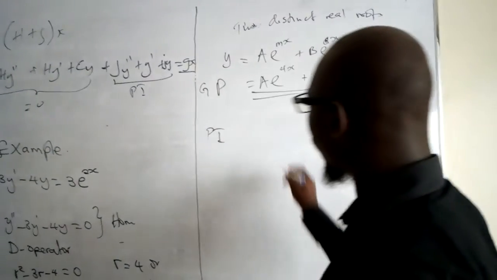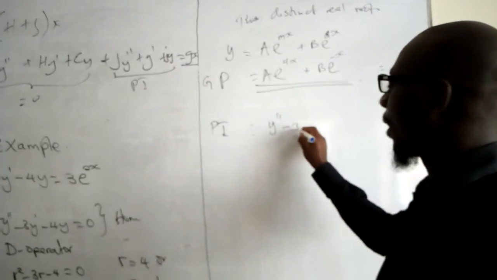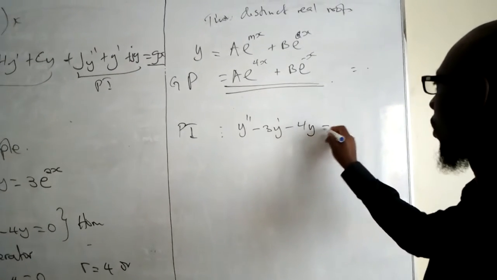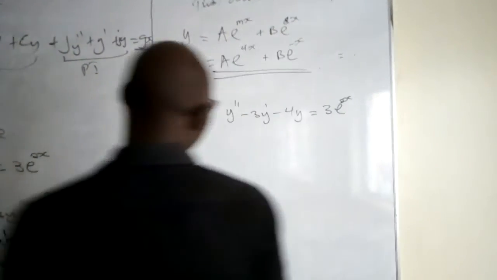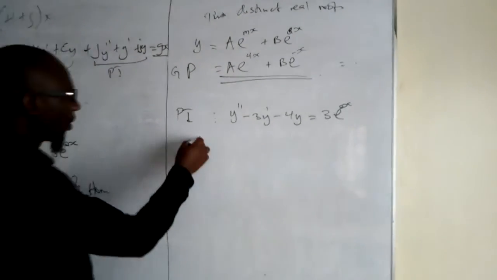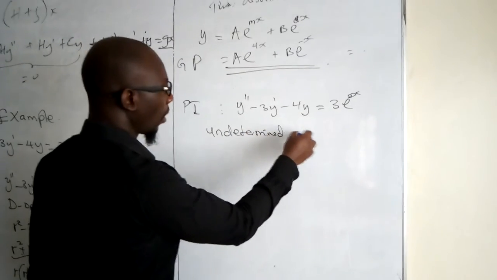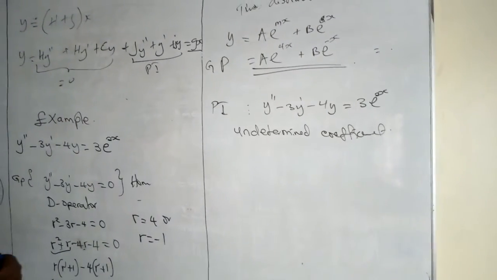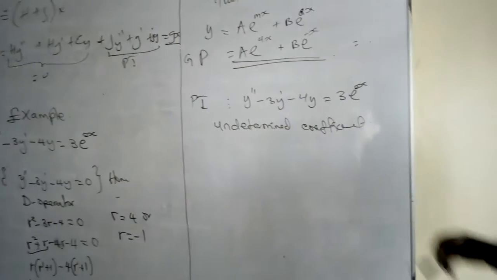The particular solution you get from the equation y double prime minus 3y prime minus 4y is equal to 3 exponential of 2x. So we use the method of undetermined coefficients. We look for a function whose derivatives, when summed together, give a function of this form.